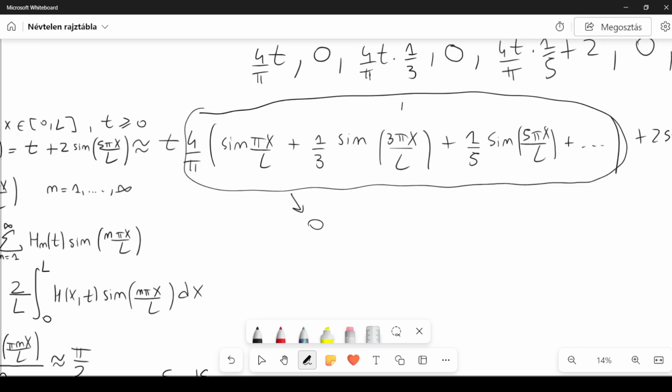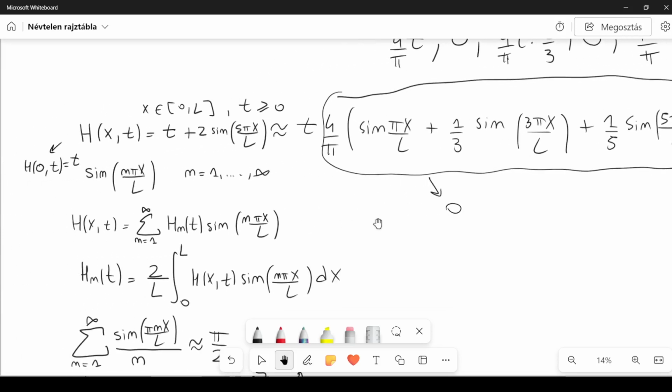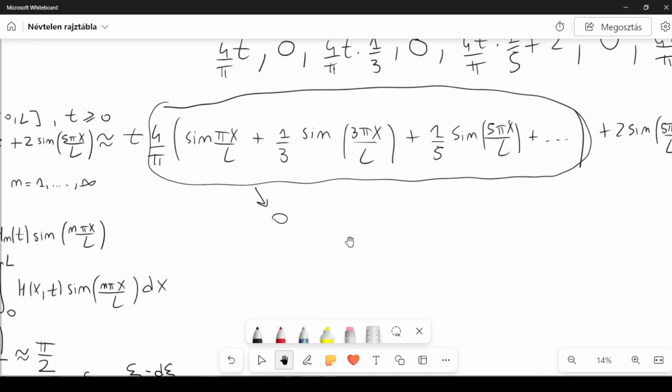But for x equal to 0, you can see that this is not equal to 1, because we get 0. So as I said, there is a difference between this approximation and the actual function there. But if x is not equal to 0, then we expect that this will be closer and closer to 1. And we also have to remember that this L should be large enough so that the summation, the series, could be approximated by means of an integral.